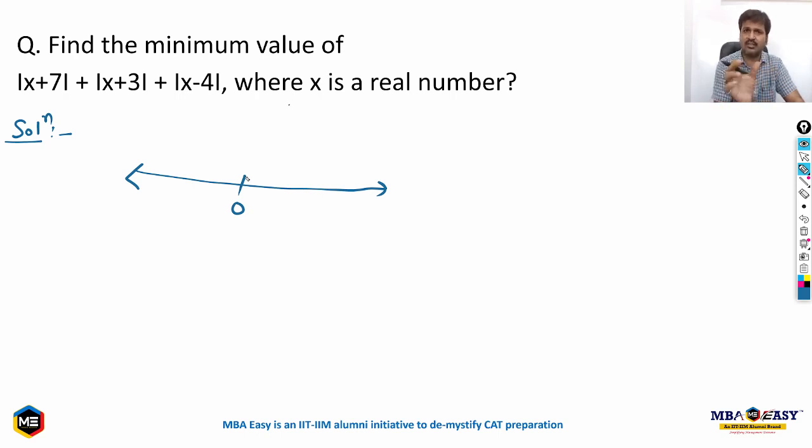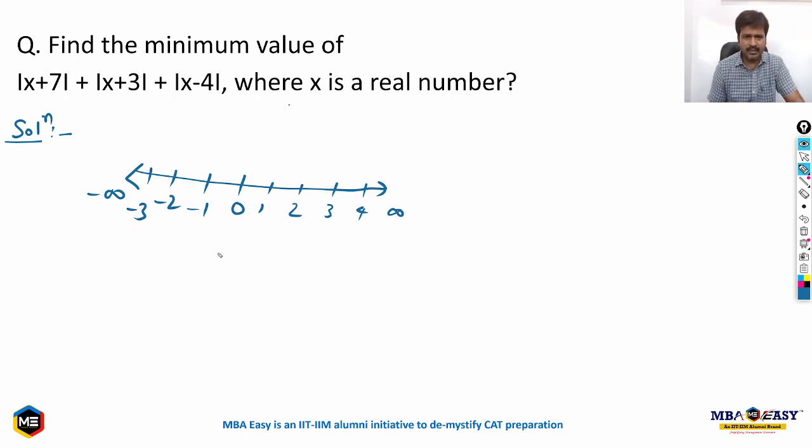So what does this mean on a number line? That is what we are going to take away from this question. Let us plot the numbers here. Say this is 1, 2, 3, 4, and up to infinity. Similarly, this side minus 1, minus 2, minus 3, up to minus infinity. So this is my number line.